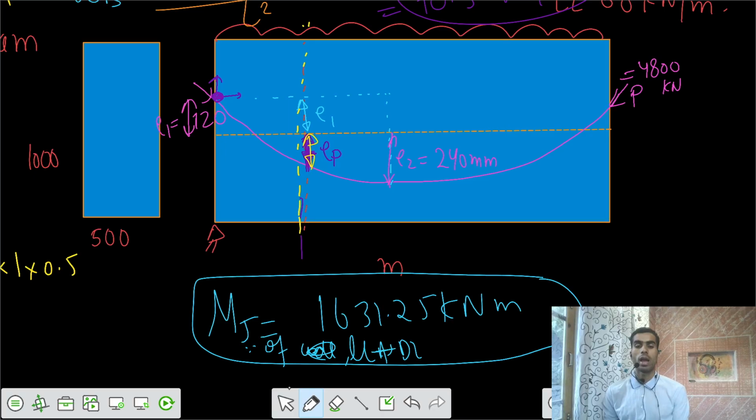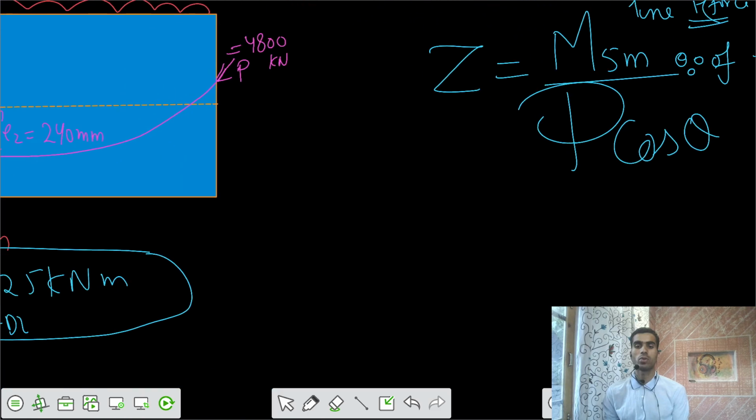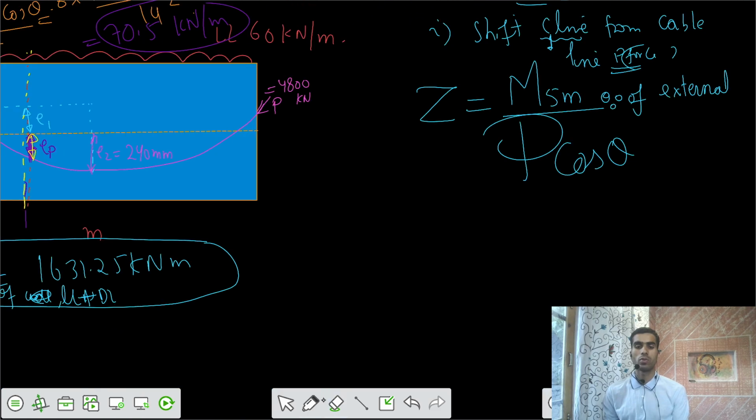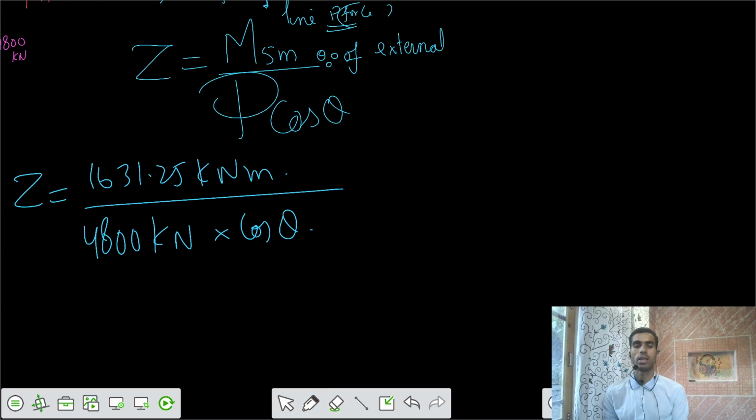And your P force we already have, P cos theta. Let's substitute those values. Z is equal to 1631.25 kilonewton meter divided by P cos theta, 4800 kilonewton into cos theta. Then finally your Z comes to be 340 millimeters. This is a positive value.